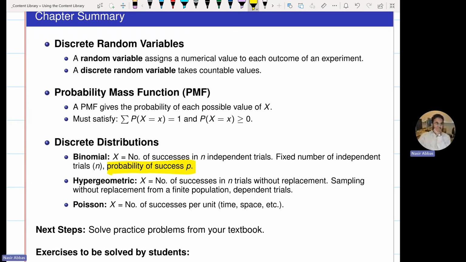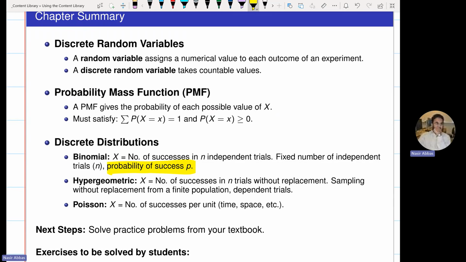Because you don't have chapter 4, if you are not sure between the 3 distributions, look for p in the question. If p is given, it's binomial. Because in hypergeometric, we will not give you p. We will give you n, K and N. In Poisson, we'll give you lambda, the average, not p. So if p is given and number of successes is required, binomial.